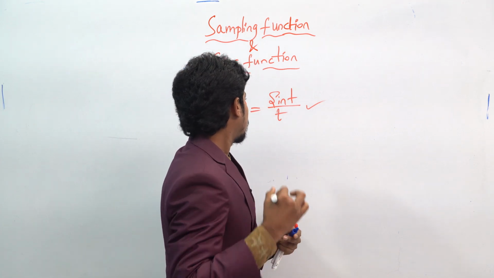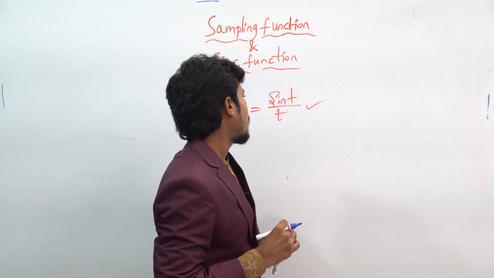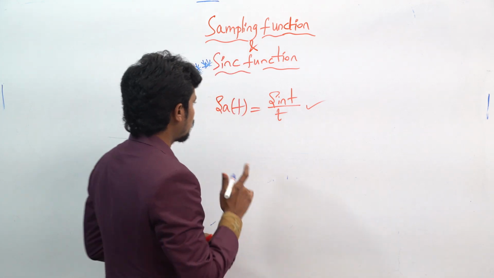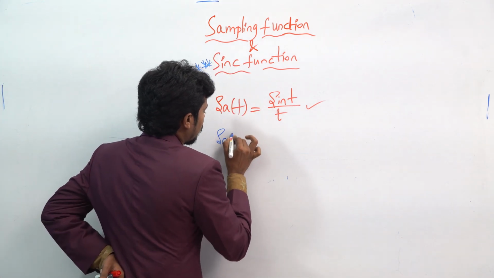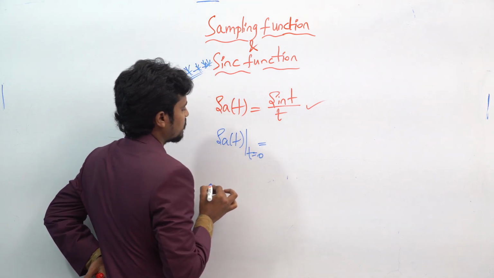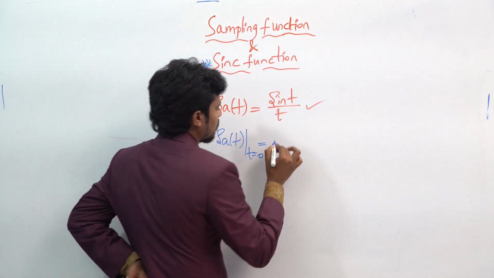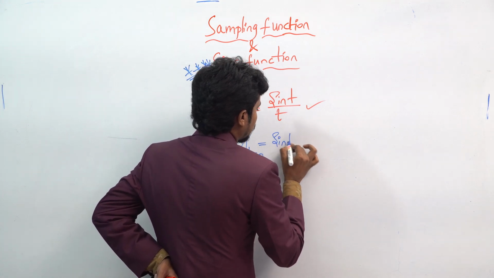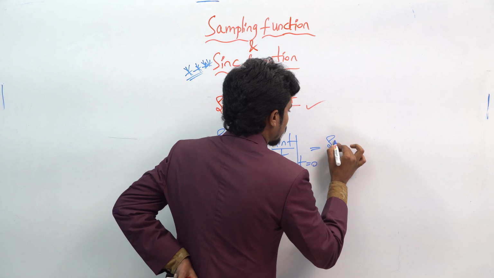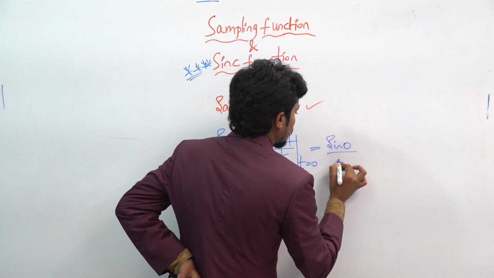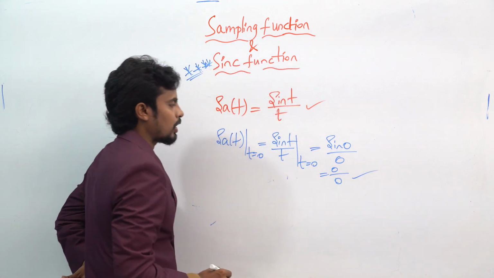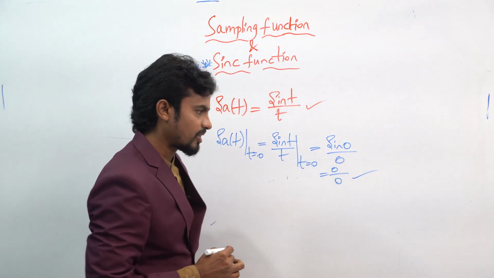Here also we can apply t equal to 0. In place of t, you just replace it with 0. That will be sin t divided by t where t is equal to 0, that is sin 0 divided by 0. That will be the 0 divided by 0 form. Here also we can apply L'Hospital's rule.